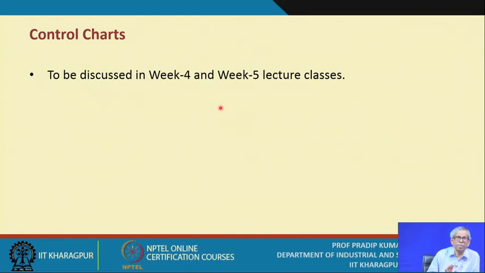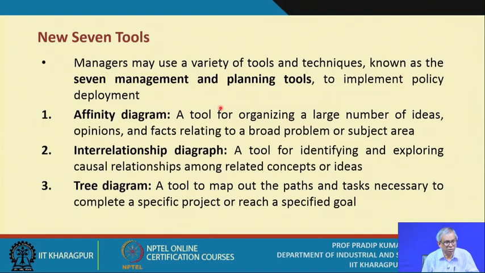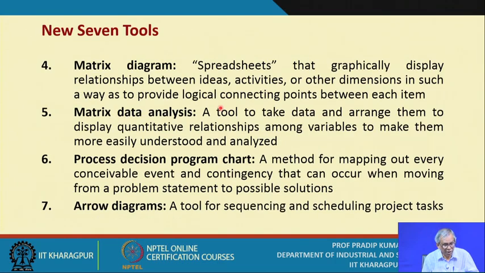So these are the 7 new tools: affinity diagram, interrelationship diagraph, tree diagram, matrix diagram, matrix data analysis, process decision program chart, and arrow diagram.